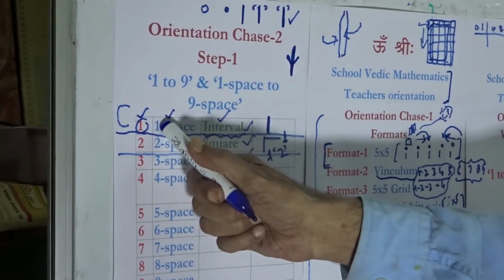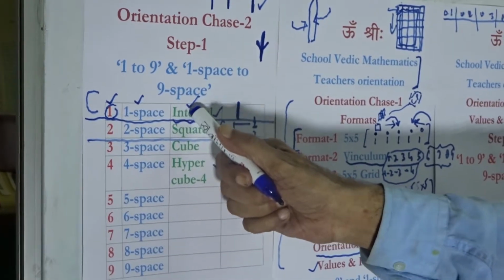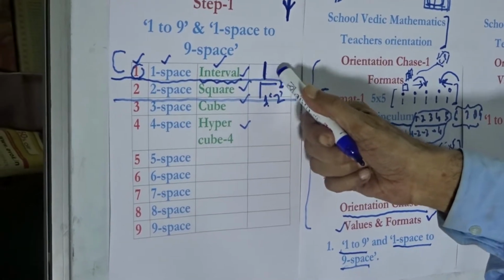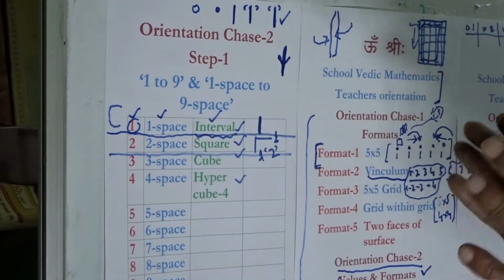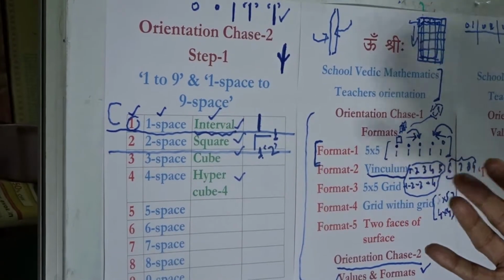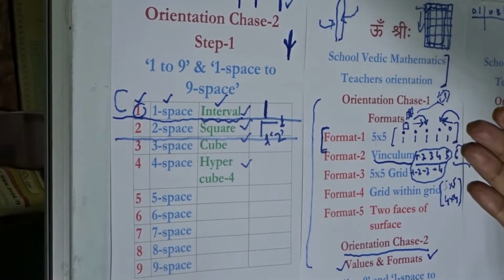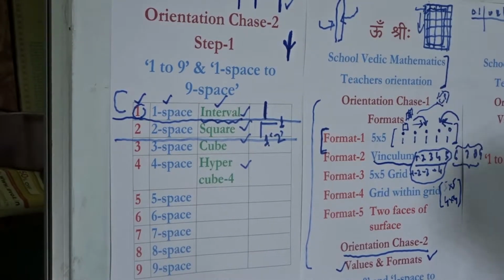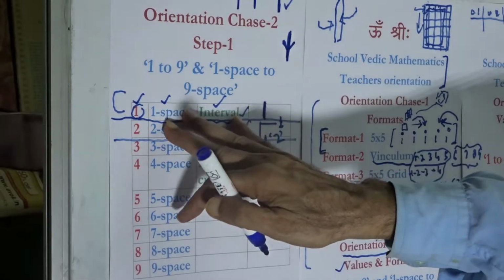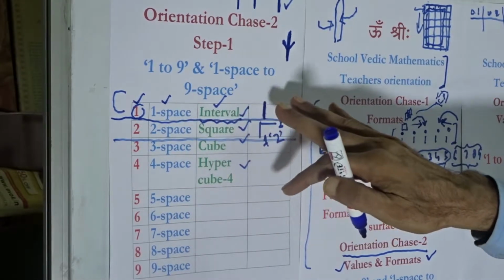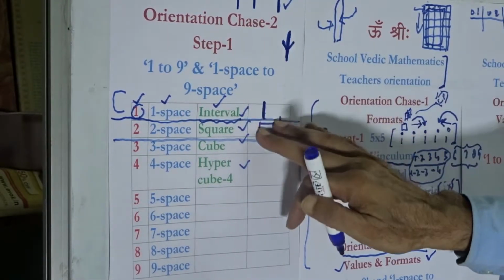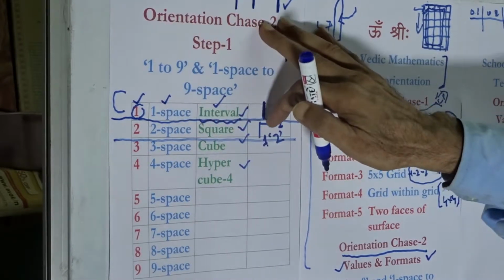It is this association, this pairing, this coordination, this correspondence, this bringing of the different things into the same parallel formatting. It is this parallel formatting which is the first step of our orientation at the second phase.